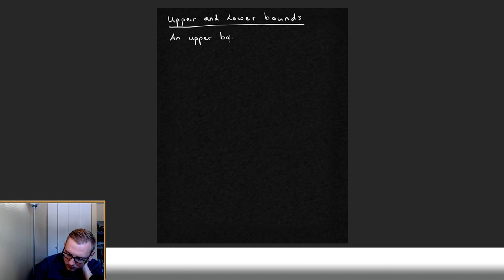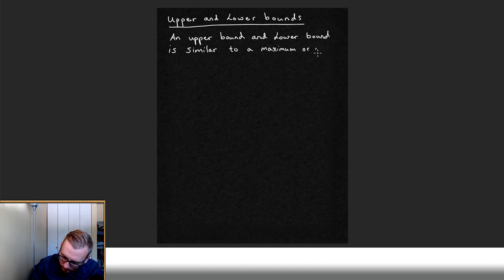So an upper bound and lower bound is similar to a maximum or minimum. Like a bound of functions.